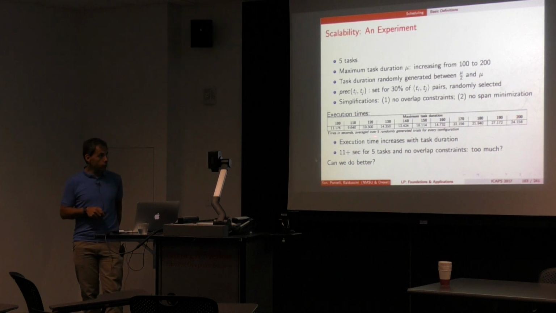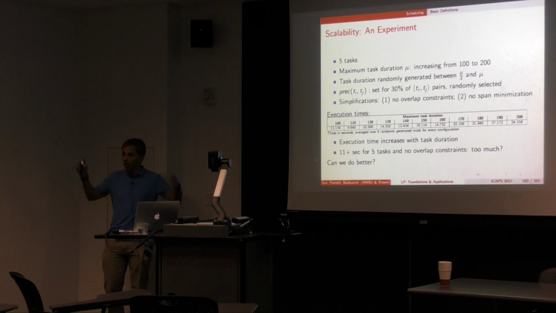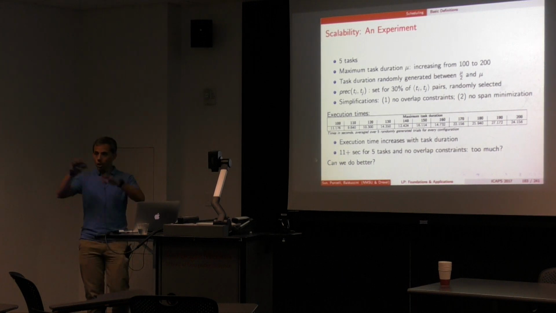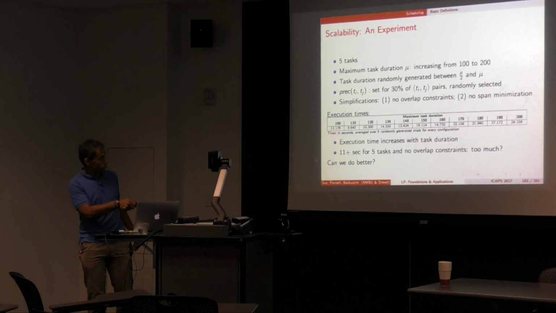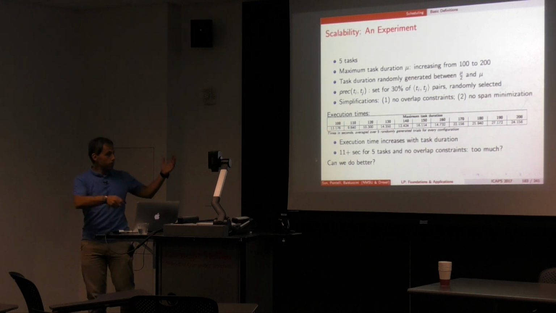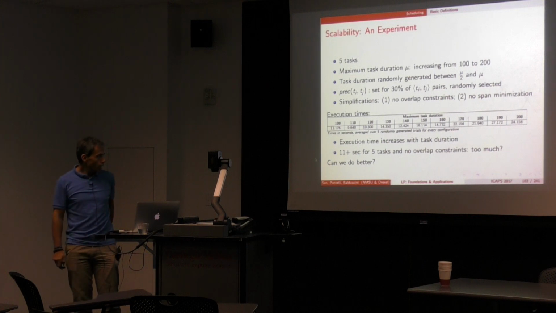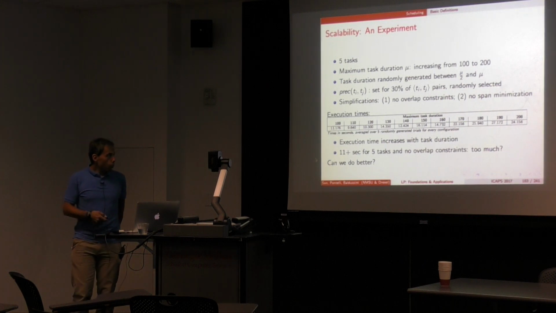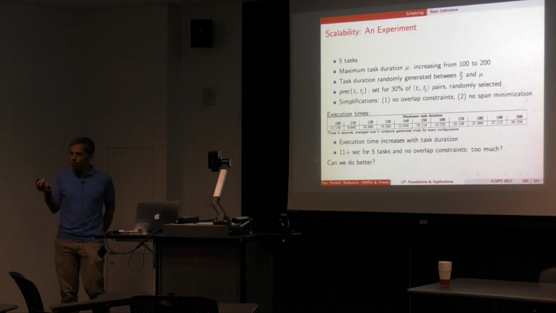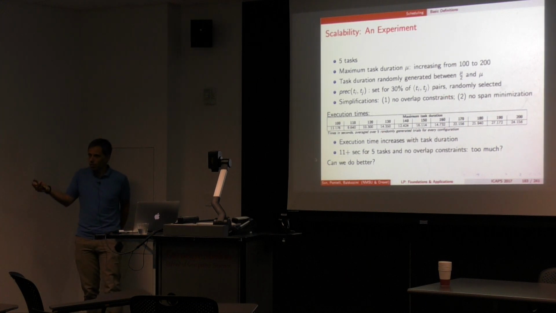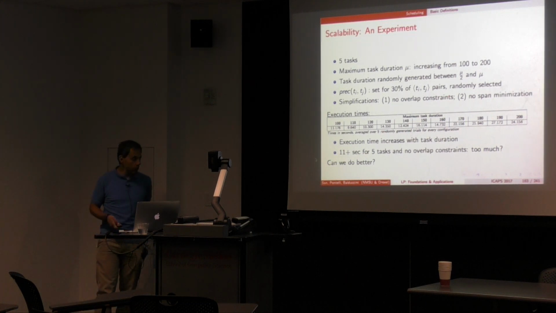But most of all, this is due to the grounding, right? We have a larger range for time. So the start times, here the solver needs to worry about only 100 possible start times. Here we're going all the way to 200, so it's a wider range. Intuitively, what we want is not to worry about the specifics of the numbers. These are just numbers. We should be able to crunch them easily.